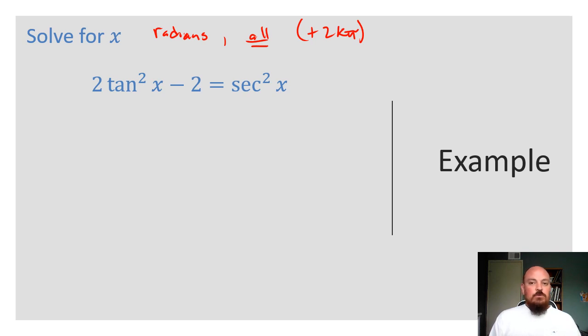Now, remember, I told you guys when we went over this in 10.1, let's say you forgot them. Let's say you're looking at it and you're like, I know there's a Pythagorean, but is it tangent squared x plus 1 equals secant squared x, or was it secant squared x plus 1 equals, you're trying to remember.